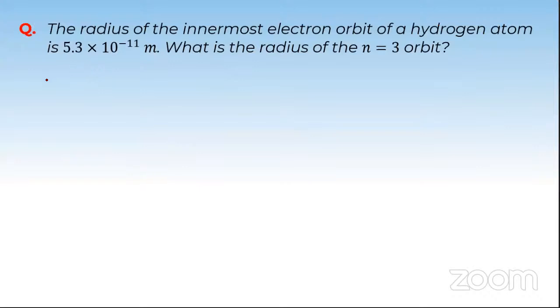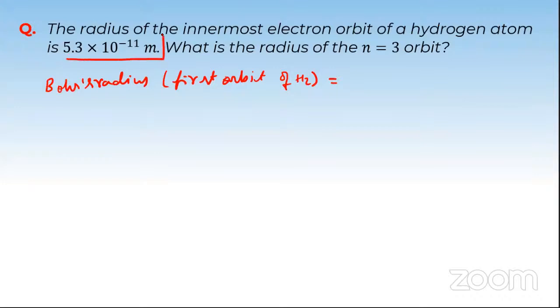So we have calculated the Bohr's radius. What is Bohr's radius? Bohr's radius is the first orbit of hydrogen. The first orbit of hydrogen is located at 5.3 into 10 raised to minus 11 meter.